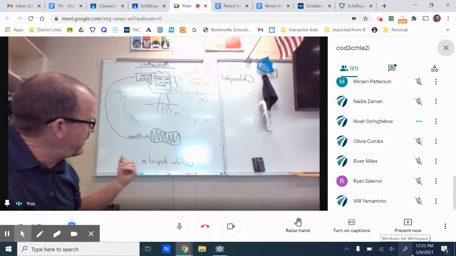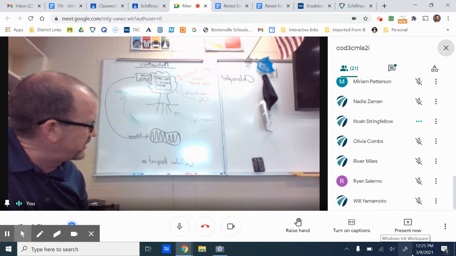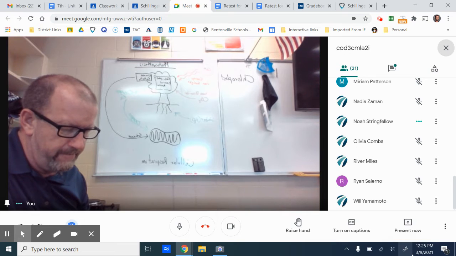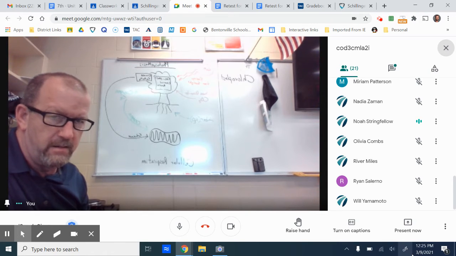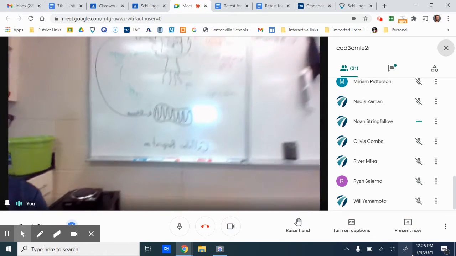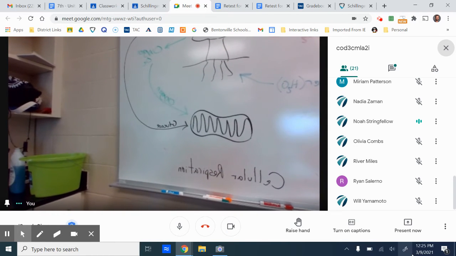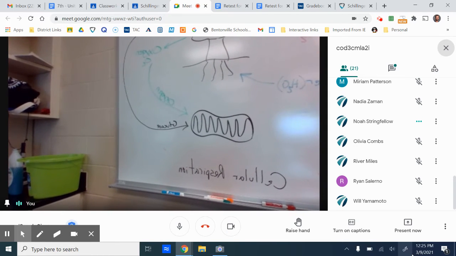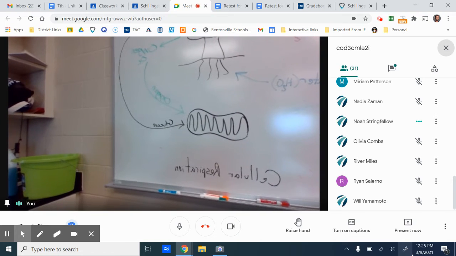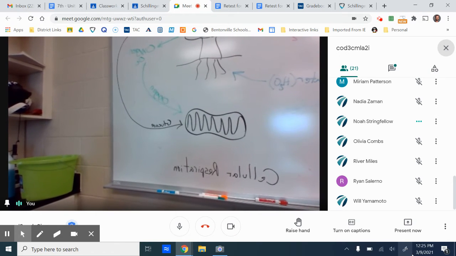Secondly, what is one of the outputs that come out of cellular respiration? Okay, right now there's nothing drawn as far as coming out. We only have what's coming in to cellular respiration, which is glucose and oxygen.